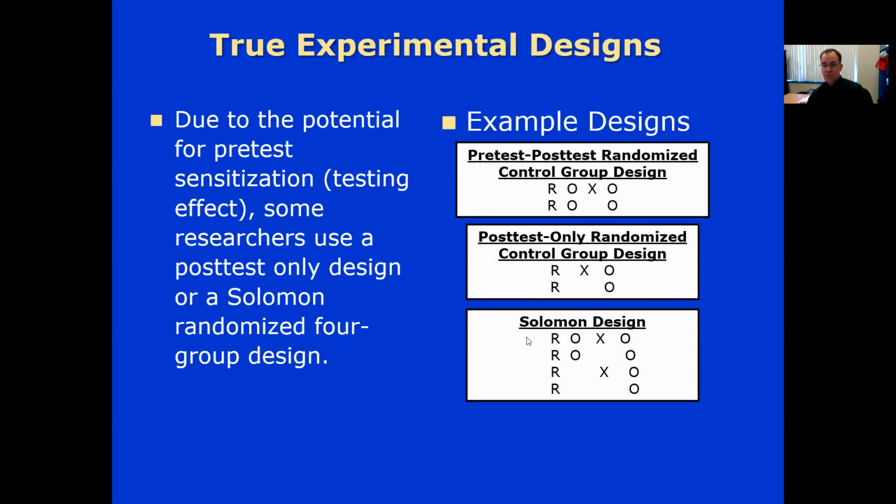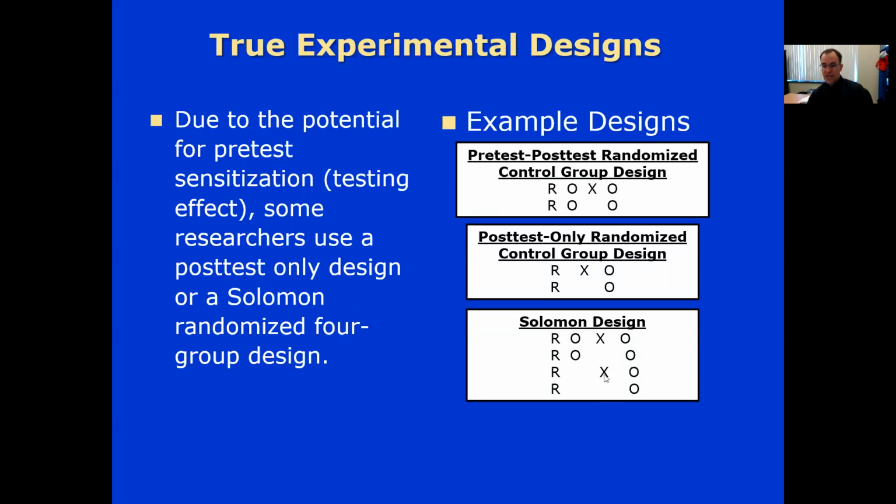To get around this, they use a Solomon design, where you actually have two intervention groups, as you can see here, represented by the X, but one has baseline data and the other group does not have baseline data. And they would do the same thing for the control group. Again, the idea behind this model is that you have baseline data for one group that's intervention and another intervention group that has no baseline data.